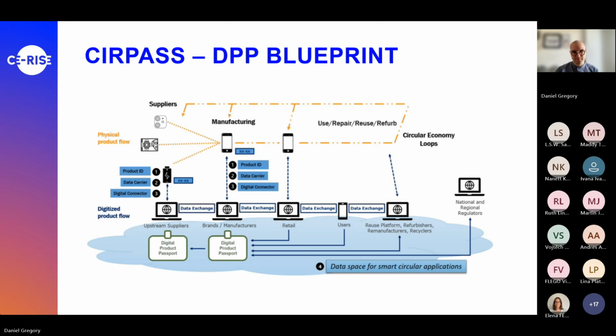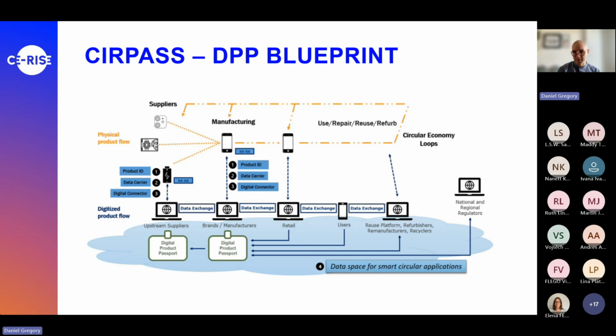In terms of how all of this fits together, Circularise has a sister project called Surpass that has, I think, a relatively useful visual on that. The idea is that you have all of these different stages of the manufacturing. They are all producing products themselves.